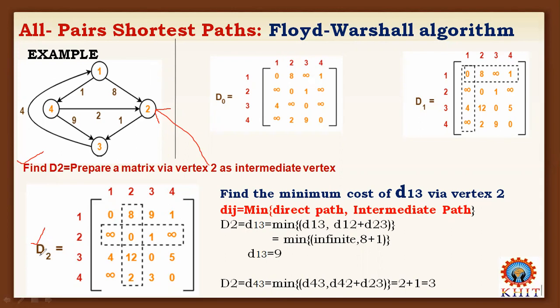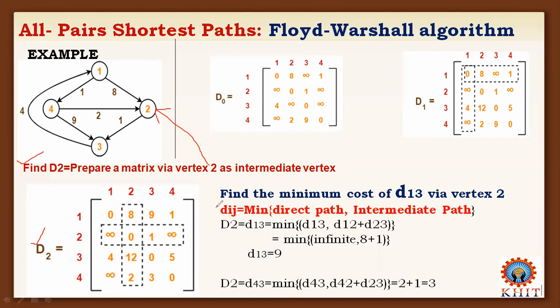So here, if you want to calculate the minimum distances of D2, the second row and second column may not be changed. The values of the second row and second column may not be changed. So if you observe D1 with D2, the second row values and the second column values may not be changed, and the remaining values may be changed.